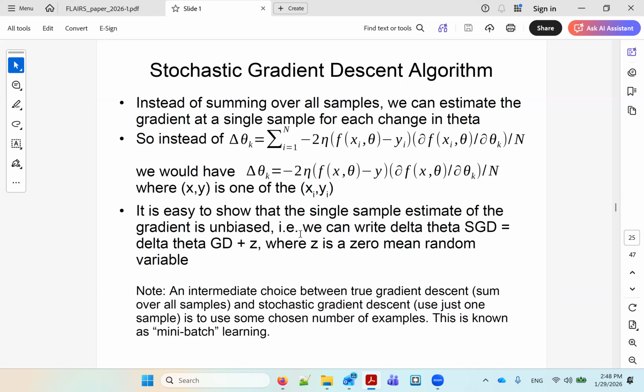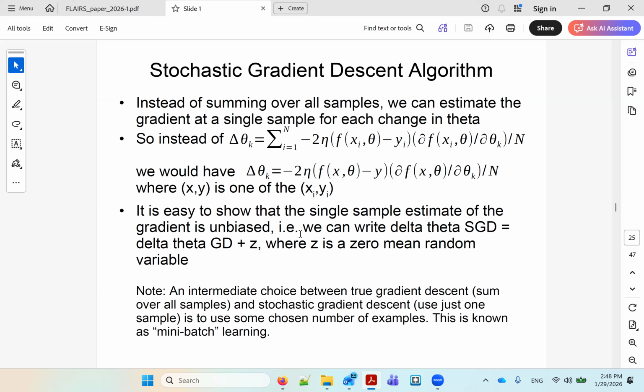What is easy to show, and in fact I'm not going to show it, but let's just think about it: this single sample estimate is an unbiased estimator of the true gradient. Is that obvious? If the truth is just an average over some samples, and I just take one of those samples and use that for my estimate, that's unbiased, right? If you take the average over all the possibilities, you get back to here.